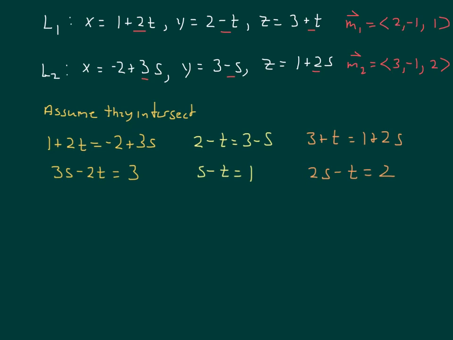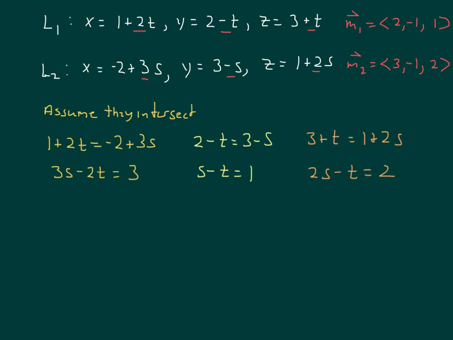But if I take 1.5 times -1, I'm not getting -1. If I take 1.5 times 1, I'm not getting 2. So we know that these 2 vectors are not scalar multiples of each other. And so therefore, I know that these lines are not parallel.